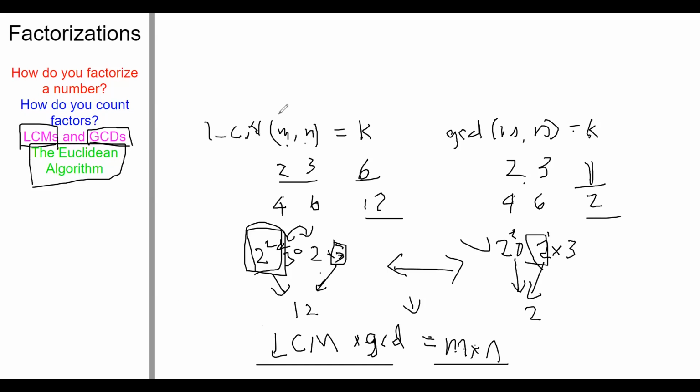But just know for now that it's just a way to calculate GCDs of bigger numbers that might be difficult to factor. So this is just an easier way to calculate GCD. And from this formula, it's also an easier way to calculate LCM. So easier GCD. And I'll put this off until a little bit later.